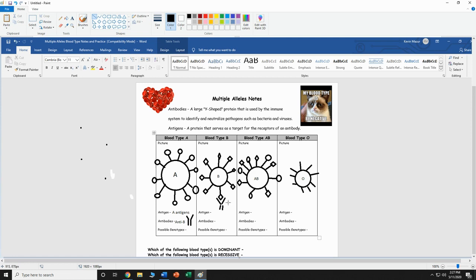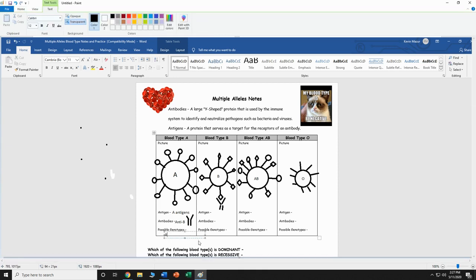And usually that's used for bacteria and viruses because they have these sort of receptors, and it's how they fool your cells. They'll have these A antigens and the B antigens on them. So if your blood has any sort of thing that's foreign in it that has these diamonds on the end, it's going to have these anti-B antibodies to get rid of it if you have type A blood. All right. So the possible genotypes for something like that, if you have type A blood, are going to be two options.